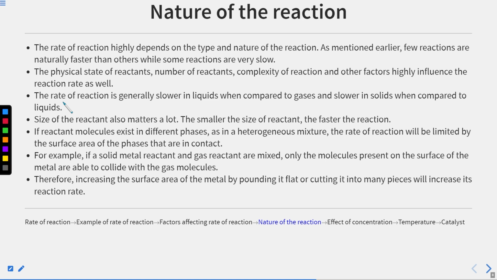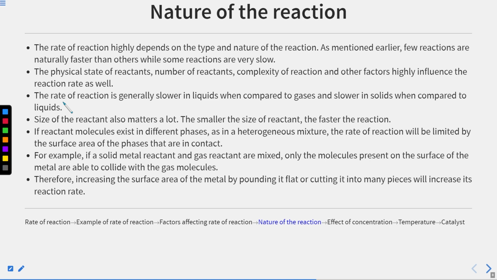Different bonds are broken, and different bonds have different bond enthalpies, which would require different energy and different time. So you cannot just put a boundary on parameters like temperature, pressure, catalyst and all, and say we would get the same rate of reaction.